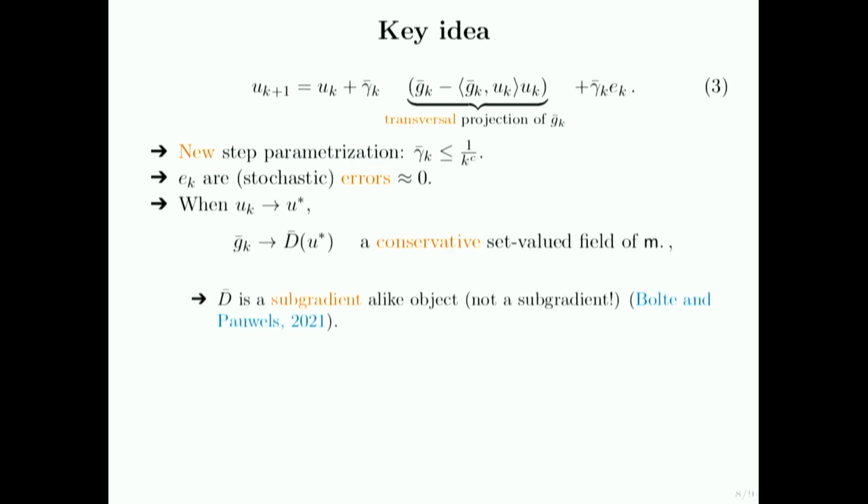And finally, you have this JK, some vector, that you project on the tangent space of the sphere. And when you look at it, you find that when k goes to infinity, JK converges to some object, which is not a subgradient, but something that is known, introduced by Bolte and Pauwels: a conservative set-valued field of the maximal margin problem.